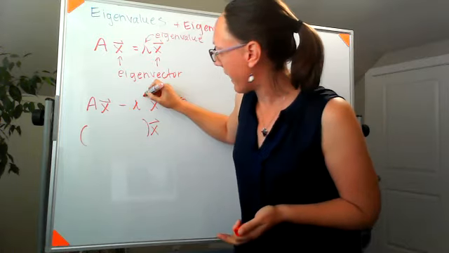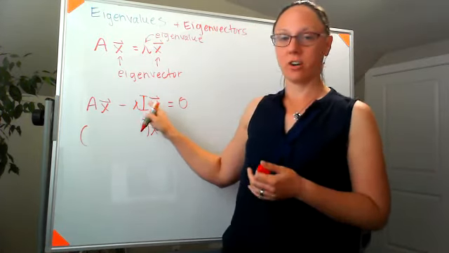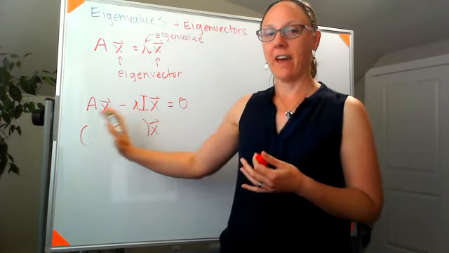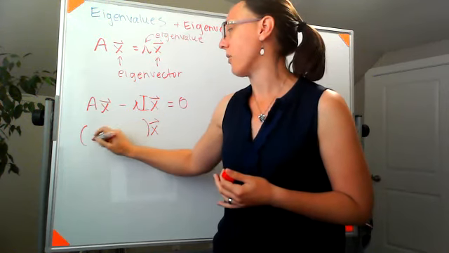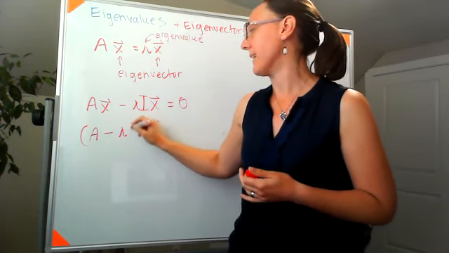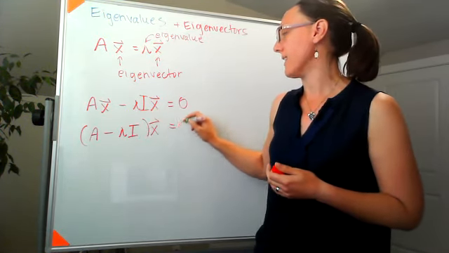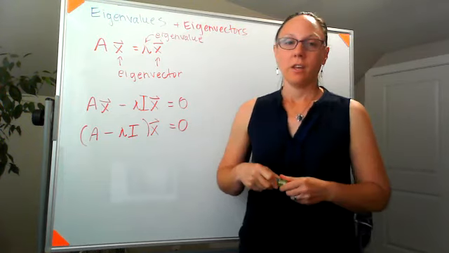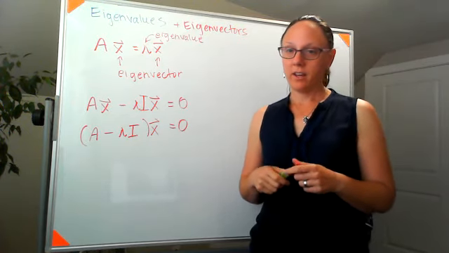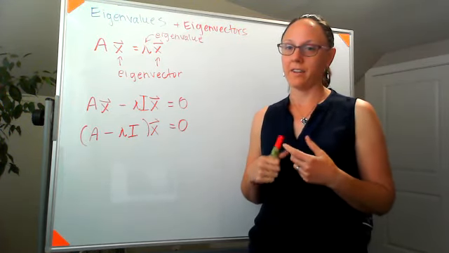So what we do instead is insert the identity matrix, and that allows us to factor the x out so that we're left with (A minus lambda I) x is equal to 0.